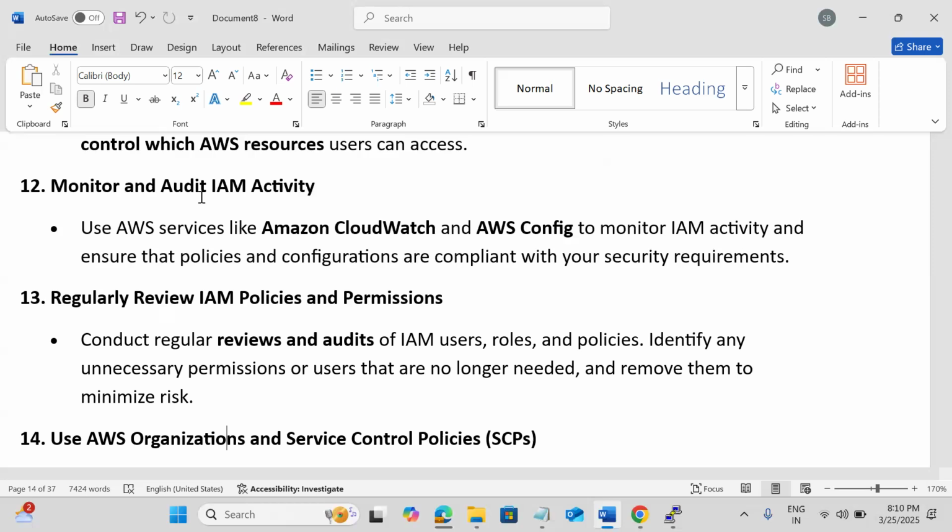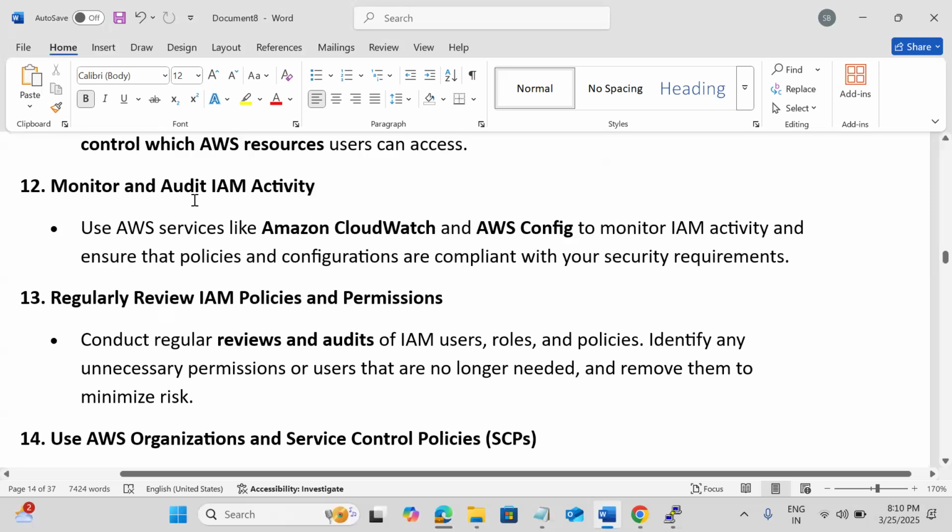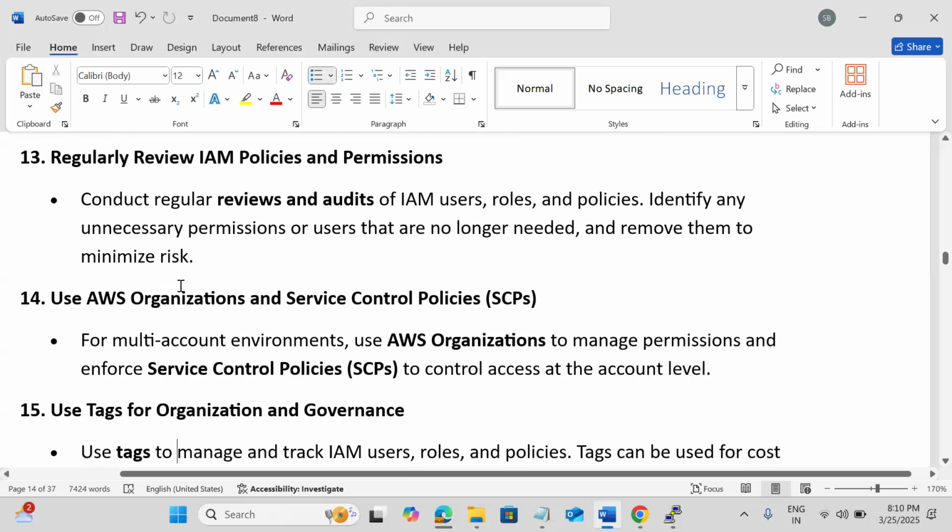Any doubts on this? And we also have Organizations and service control policies. We have multiple accounts; suppose I have 10 different AWS accounts for 10 different projects. I don't want to maintain 10 members to manage those. So we'll create an AWS Organization, and from this itself we are going to control everything, including the resources.